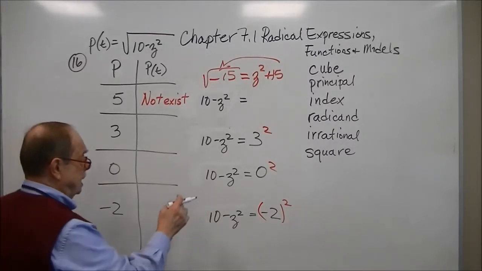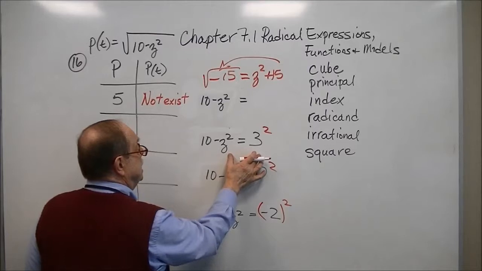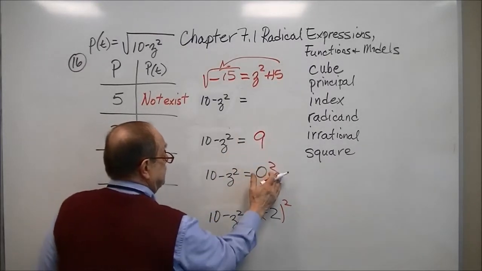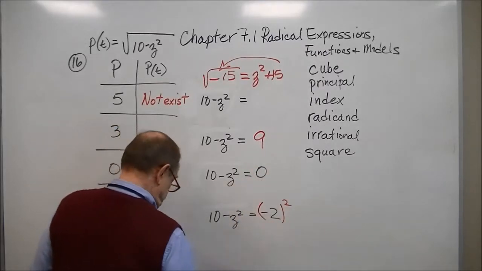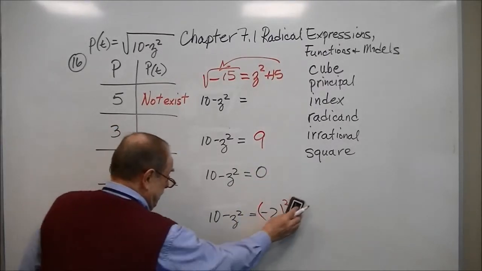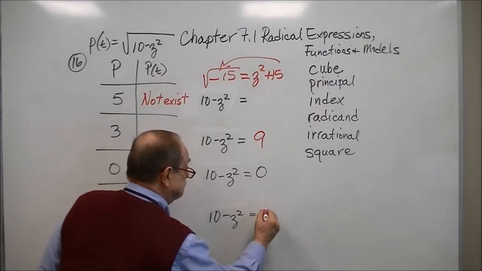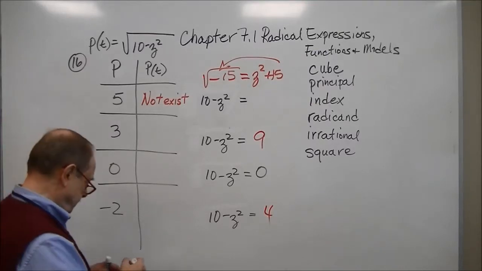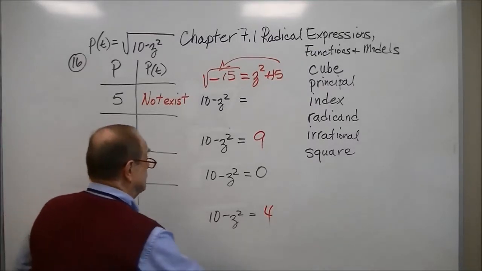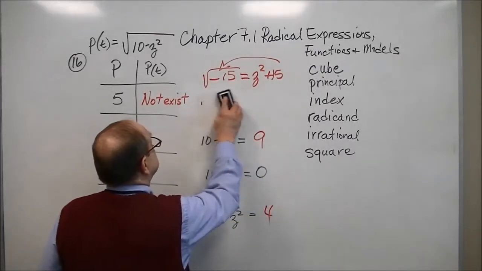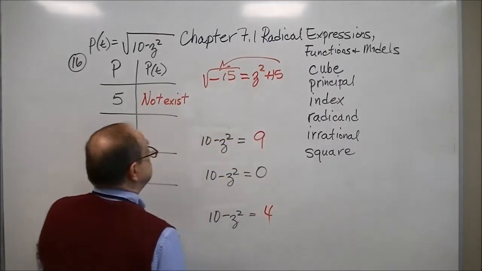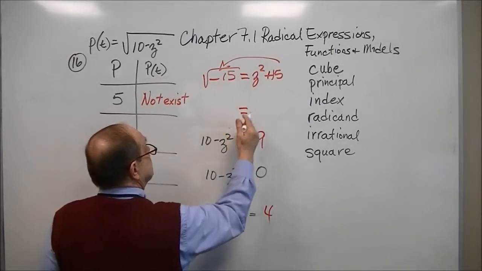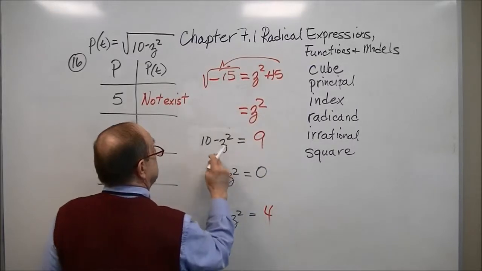Okay, this one is done in a similar way. This is going to become a 9. This just stays a 0. And this becomes a +4. So let's solve these. And I didn't quite give myself enough room here, so I have to work them up. So on this side, when we transpose that, that becomes z squared.